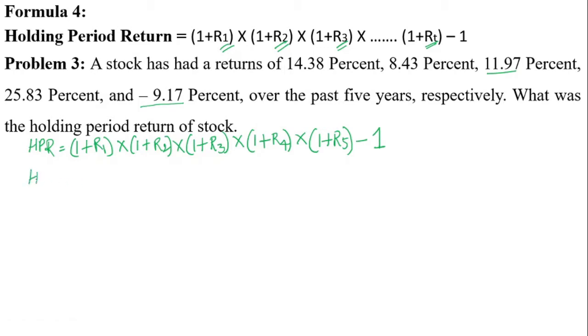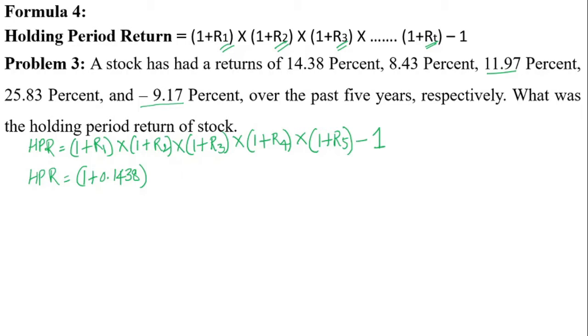Now we have to input the values into this formula. Holding period return is equal to 1 plus 0.1438. Dear students, try to understand here: 14.38% is given. When the percentage is converted into points, 14.38% becomes 0.1438.